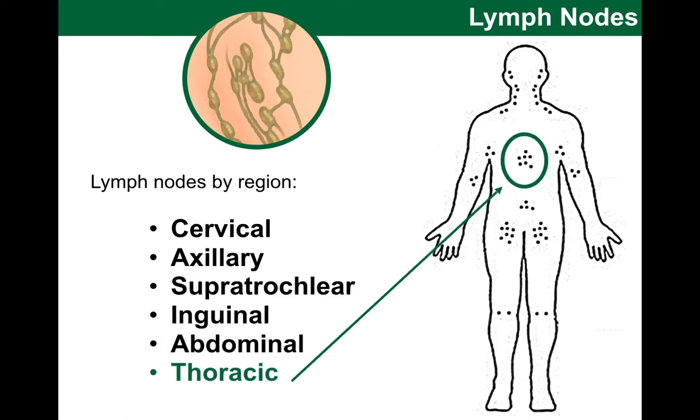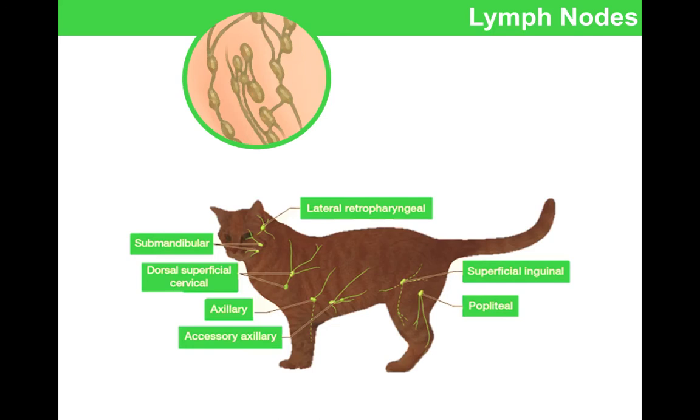And finally, thoracic lymph nodes at the thorax. So those are some lymph node regions that might be good to know, as they are commonly used. And just as a curiosity, of course animals have lymph nodes too. Here we see easily palpable regions of lymph nodes in cats.